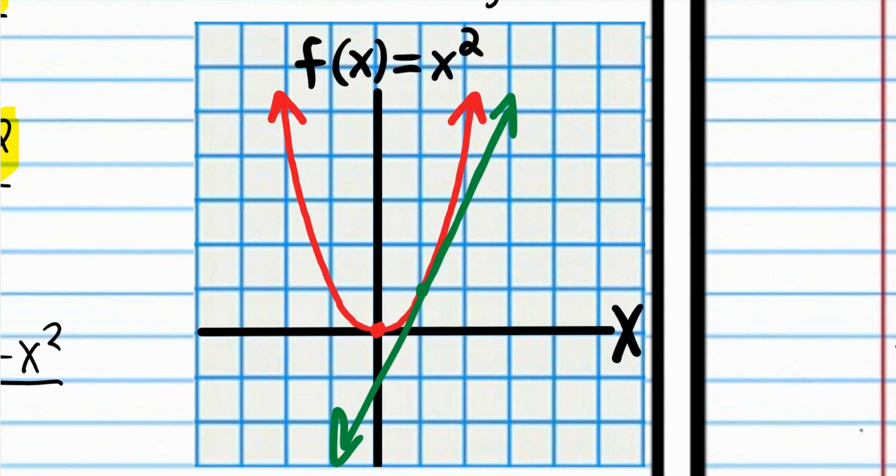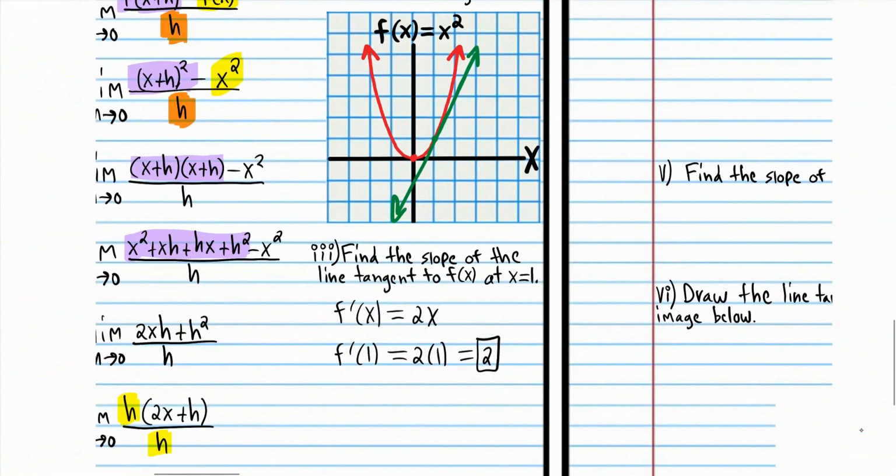You can kind of see that by looking at the graph. If you move out 1 unit to get to the line, you have to move up 2 units. So the slope is 2. But that's the instantaneous rate of change at this particular point. If we move the point up a little bit, then the slope changes. It actually gets bigger and bigger and bigger.